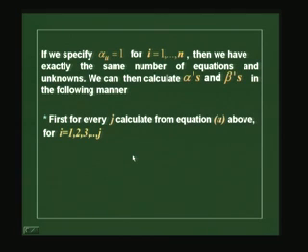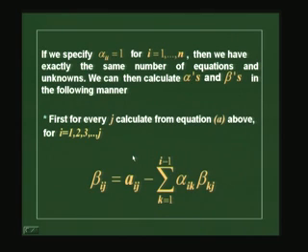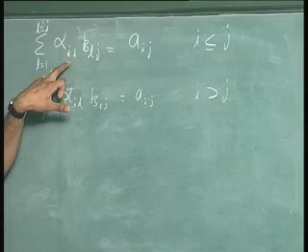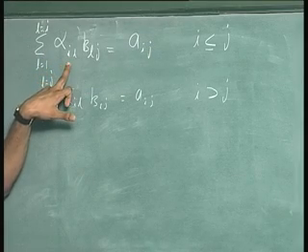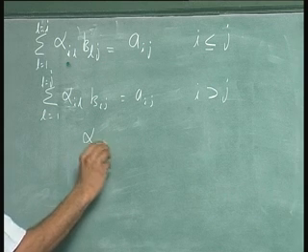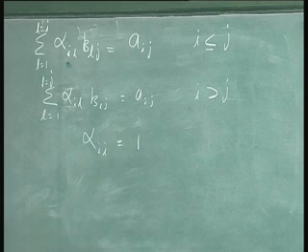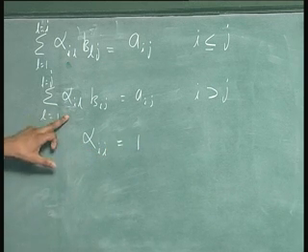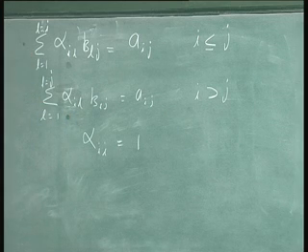We choose the diagonal elements of the alpha matrix, that is the lower triangular matrix, to be equal to 1. So alpha ii equal to 1. Then we have only n square unknowns, and then we can solve these equations.